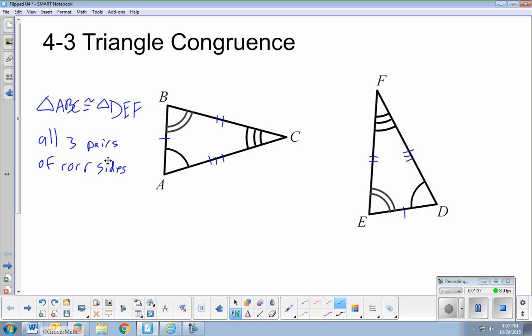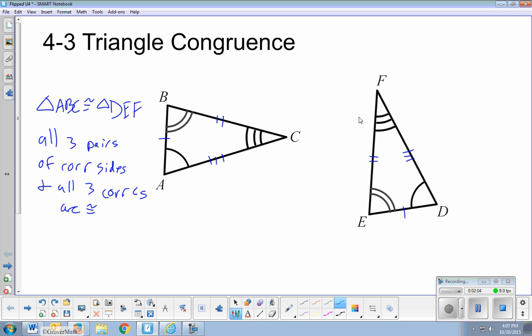So all three corresponding sides and all three corresponding angles are congruent. And so that means that angle A is congruent to angle D, and angle B is congruent to angle E, and angle C is congruent to angle F, and so on. So everything that corresponds is congruent, which means the triangles themselves are congruent.